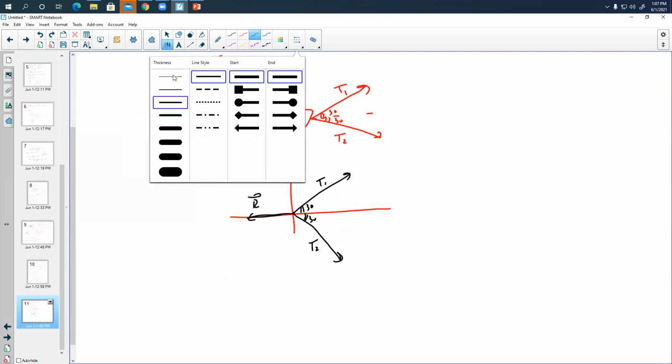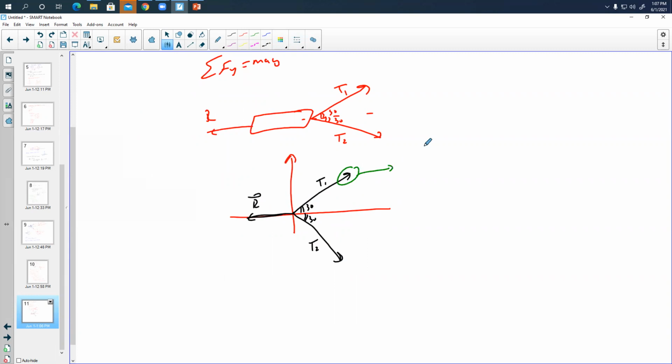And again, let me do this one more time. T1 is a resultant of your X and your Y. So this is going to be your T1 cosine 30 degrees. This is T1 sine 30 degrees for this one.